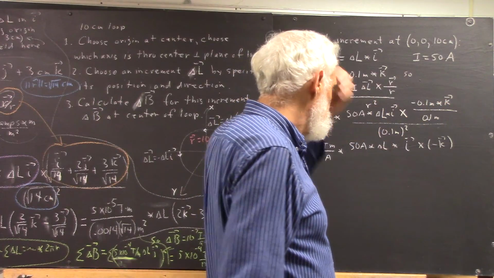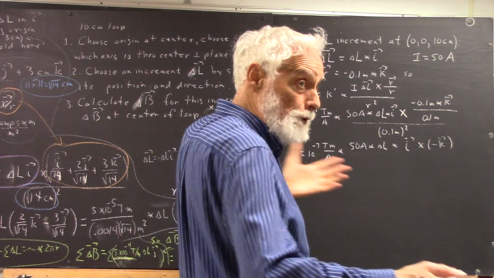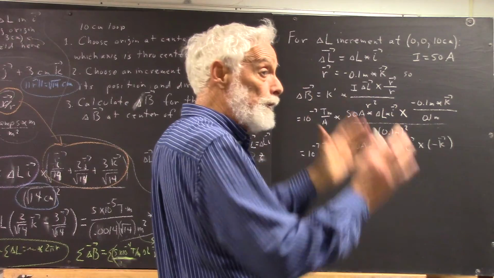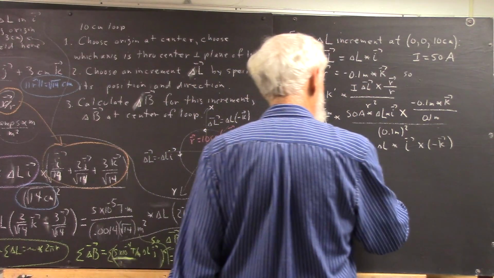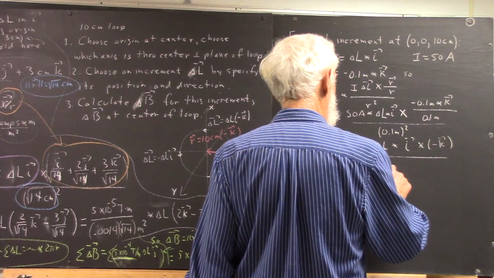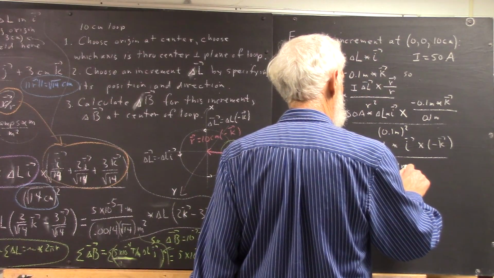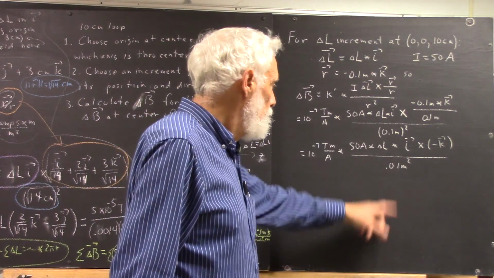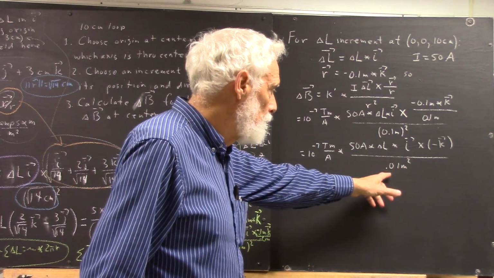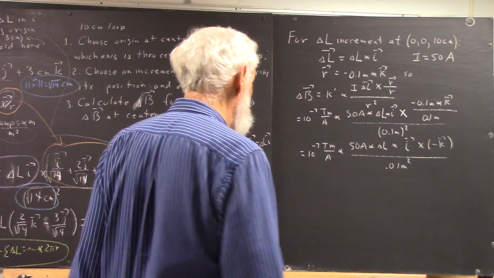And that unit vector is going to be negative K. So our cross product is going to be really easy. We're not going to write down the determinant to do I cross negative K. We're going to use our right hand and what we know about vectors. Okay, our denominator, of course, will be the square of 0.1 meter, which is 0.01 meters squared.